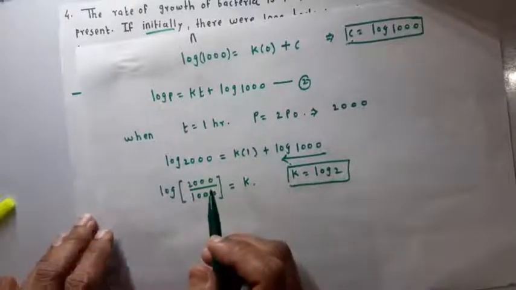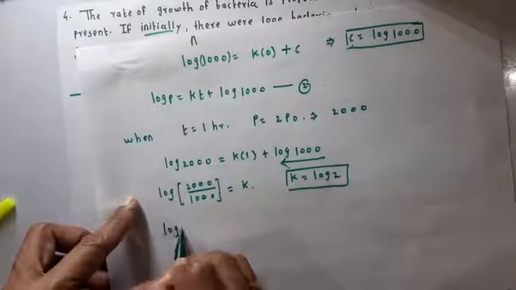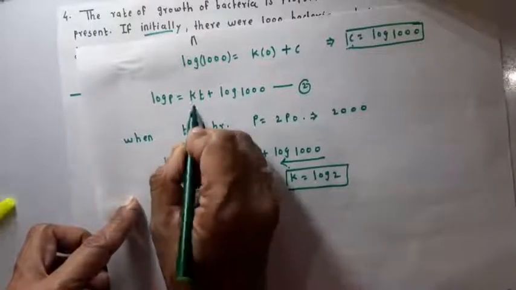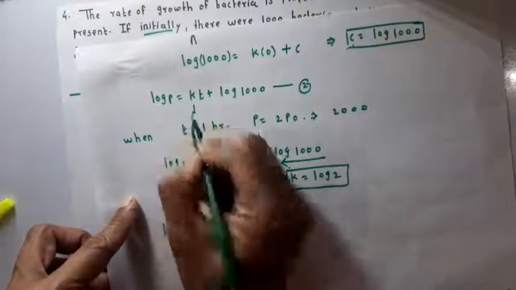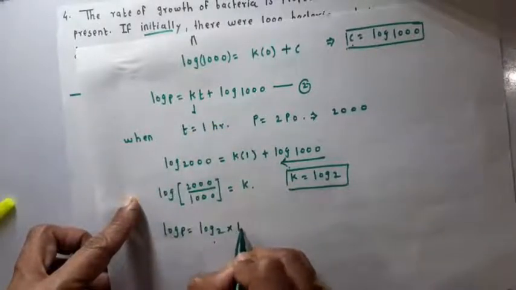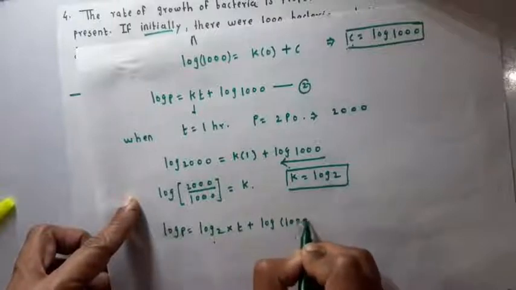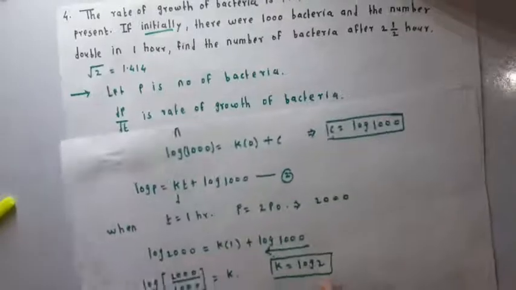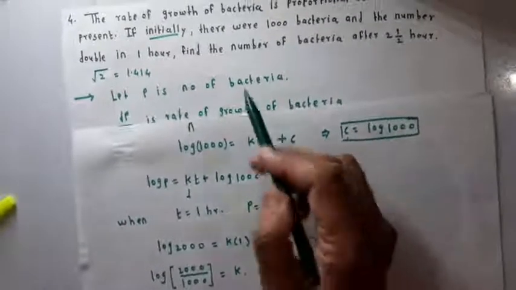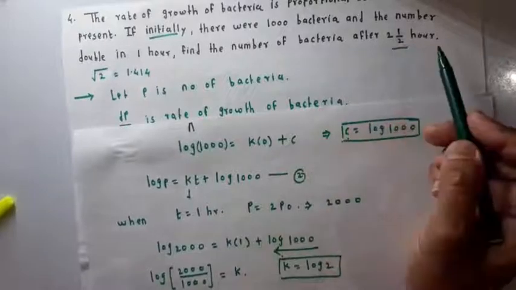We get log of P equal to, the value of k is log of 2, log of 2 into t plus log of 1000. Okay, this is the third equation. And in the fourth step we will do the last calculation: find the number of bacteria after 2.5 hours.